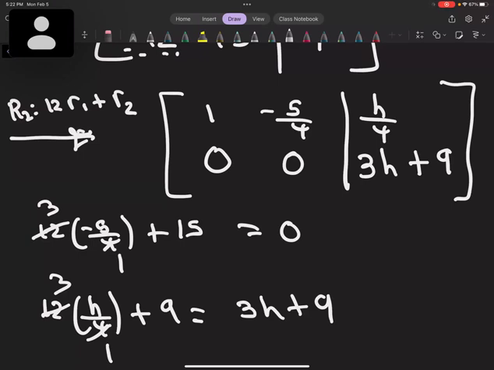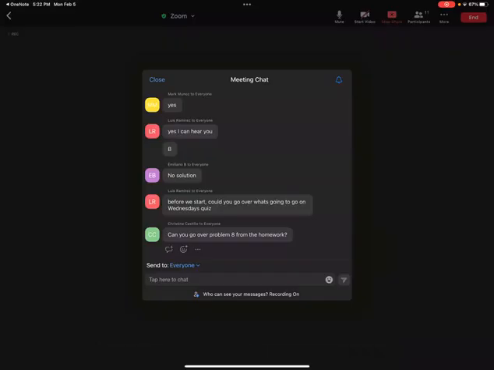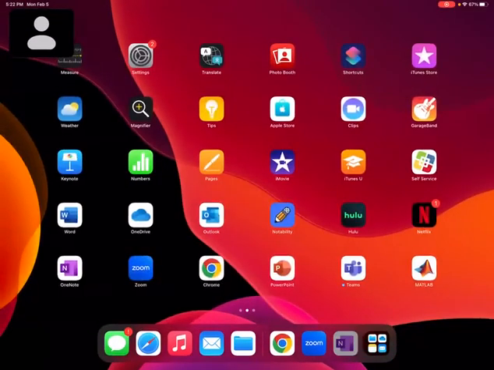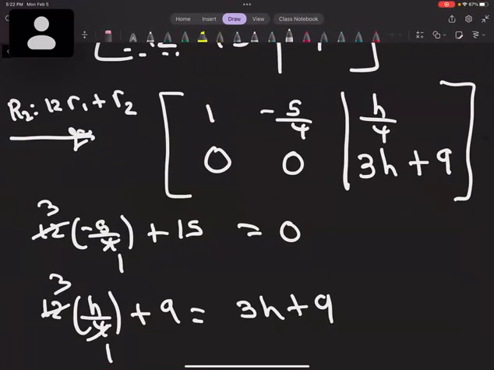What could be h? I thought somebody wants in the chat. So let's say if I have 0, 0, what happens if I have a 5 here? Is it consistent or not consistent? Does it have solutions or not?